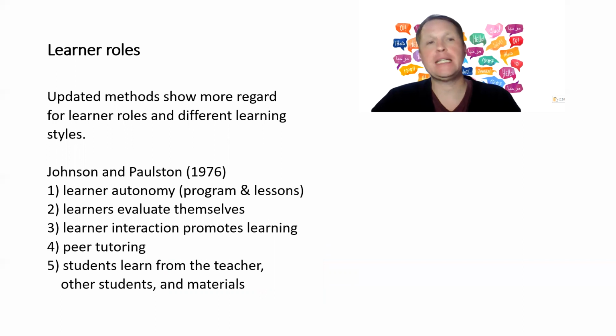For example, in 1976, Johnson and Paulson promoted learner autonomy, the idea that learners should evaluate themselves, that learner interaction promotes learning, that peer tutoring should be utilized, and that students can learn not just from the teacher, but other students and from the materials or any other sources.